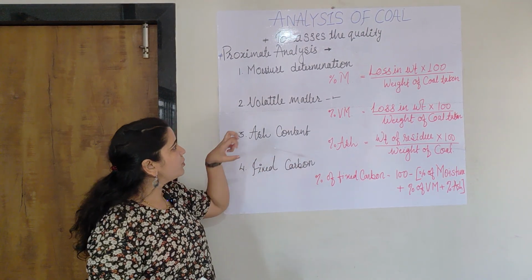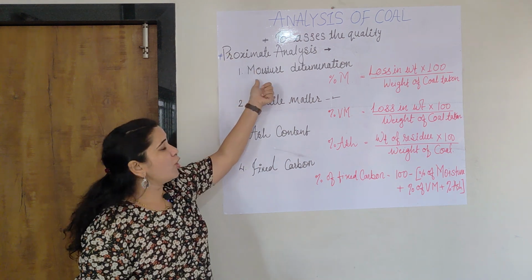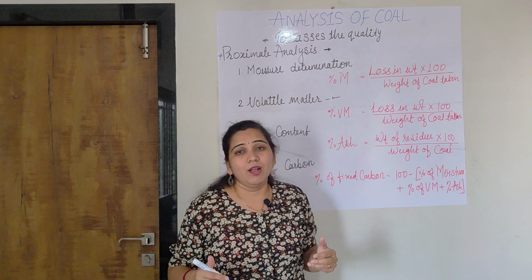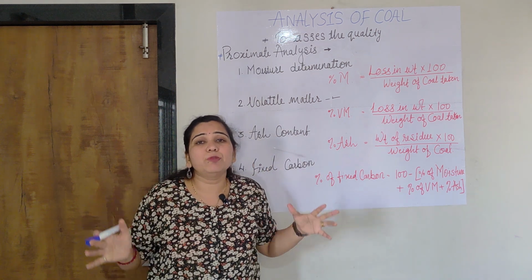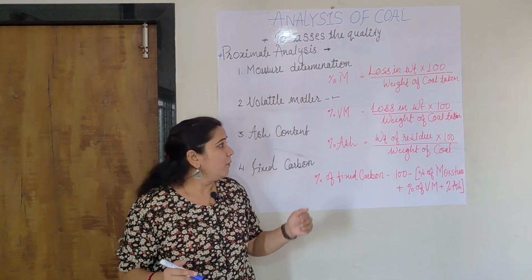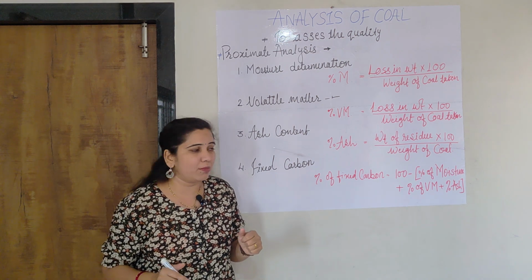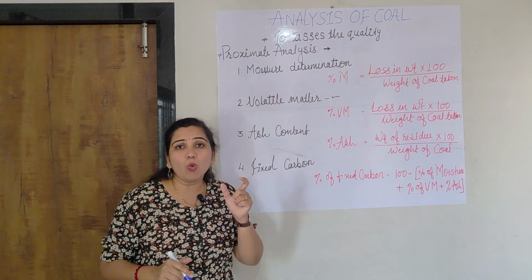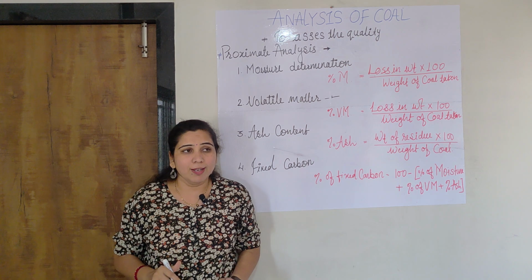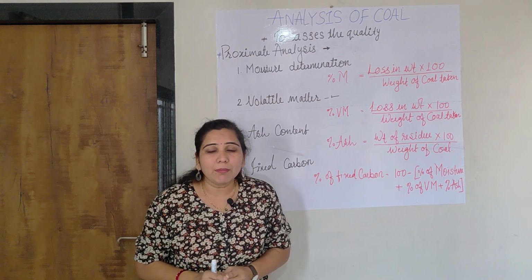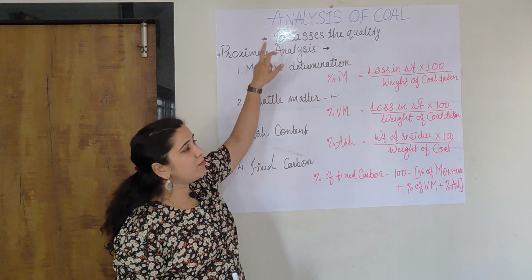Moisture means all the water present in it. Volatile matter means all the gases are determined. In ash content, the residue that remains is determined. Then in fixed carbon, only the fixed carbon is determined. When everything is determined in groups like this, it comes under proximate analysis.